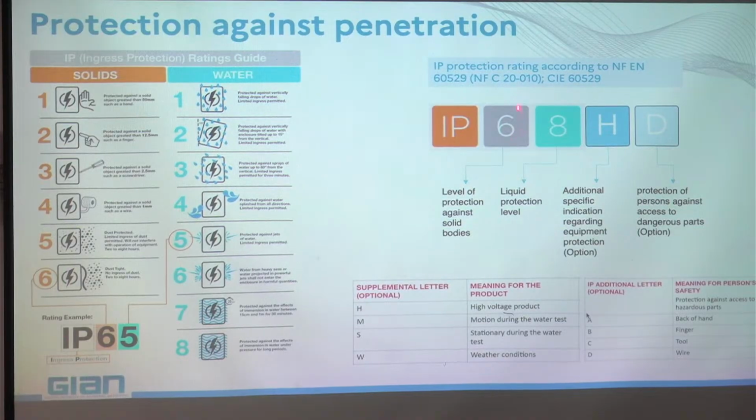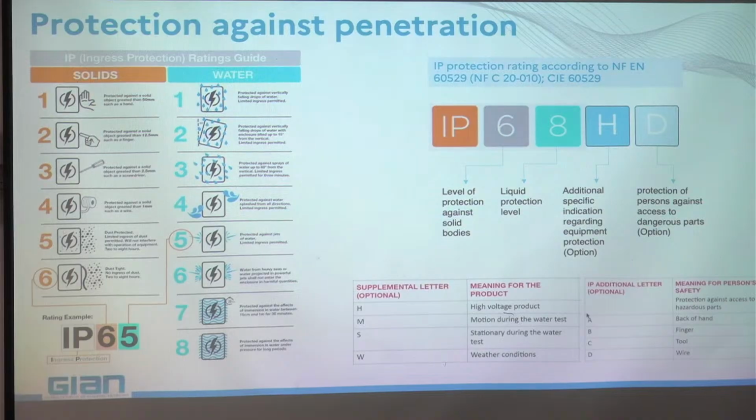And the second one is the protection against liquid penetration inside the device, inside the fixture. The first one goes from 0 to 6. 0 means completely open. You can put your hand, you can put an elephant. What you can fit inside, you can put inside. Okay? No protection at all.